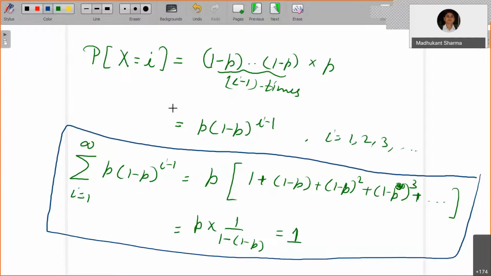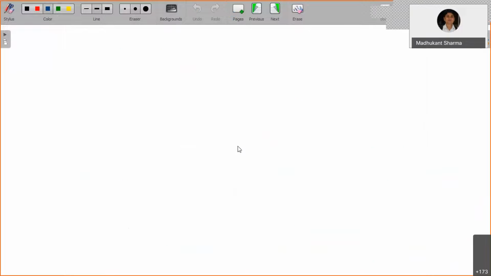So any random variable whose PMF is given by this is said to be a geometric random variable with parameter P. Okay, so I may give you the definition here now.